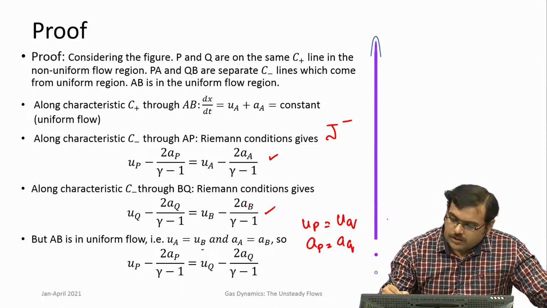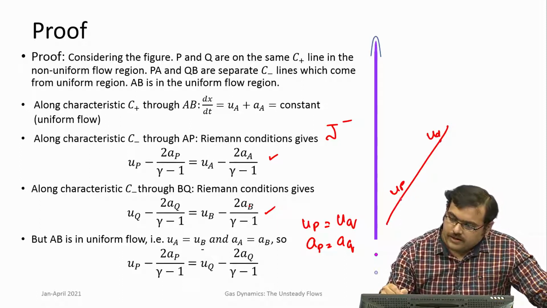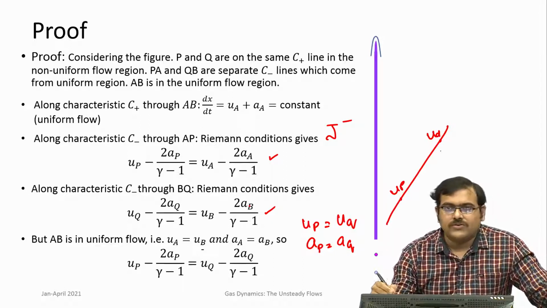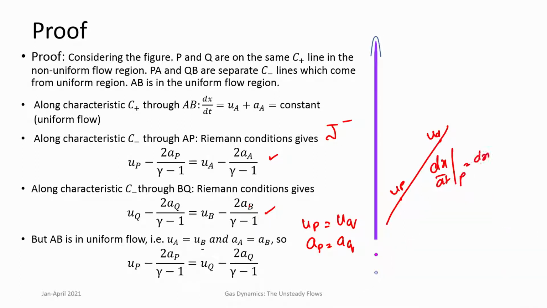So along the C plus characteristic in the non-uniform region, up and uq have the same value. That means the C plus characteristics have the same dx by dt at p as at q, and their values are also the same, they are straight lines.